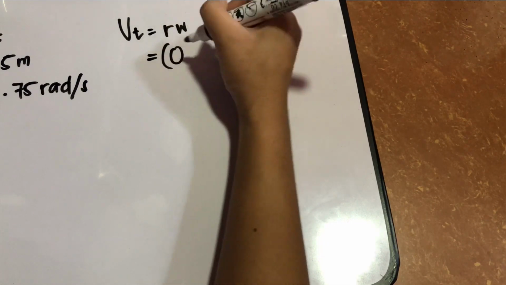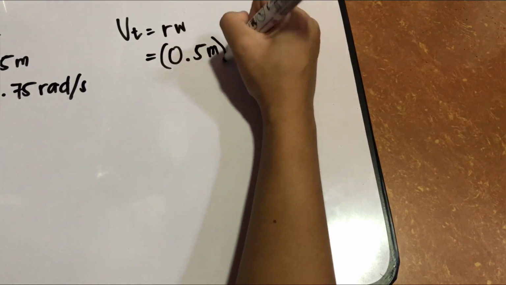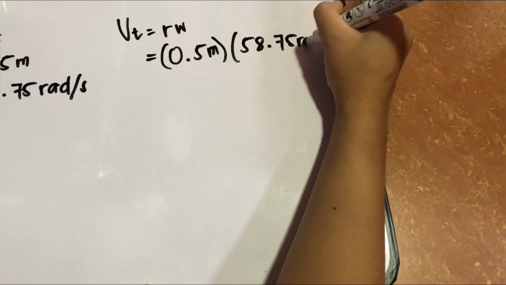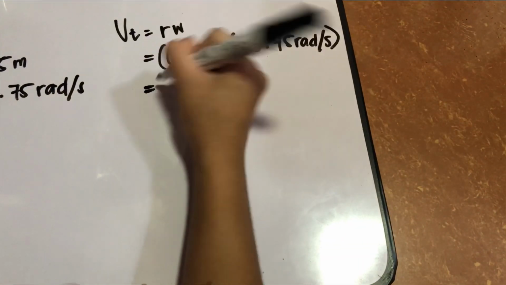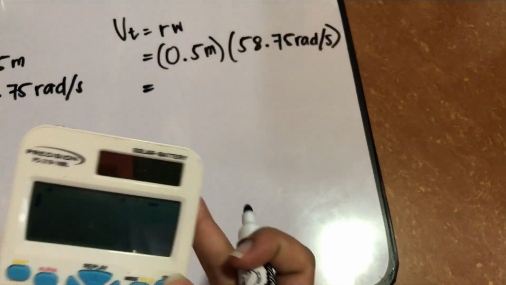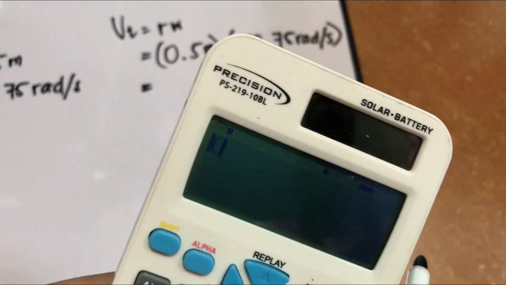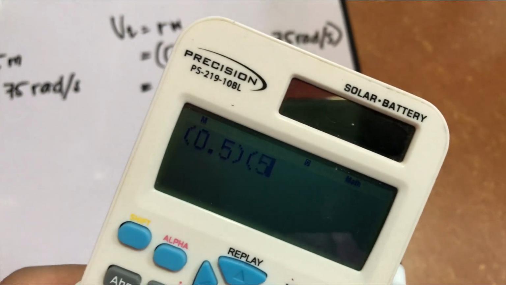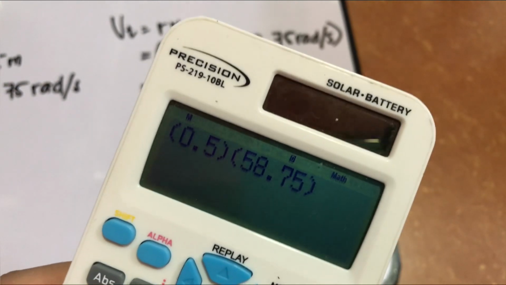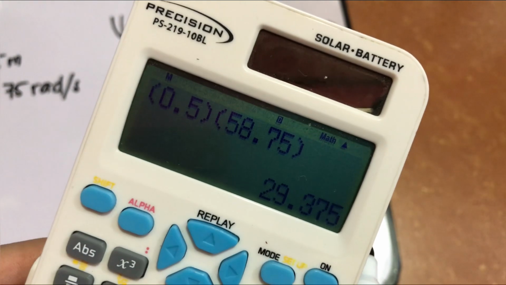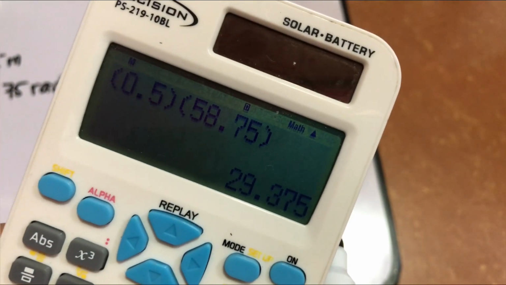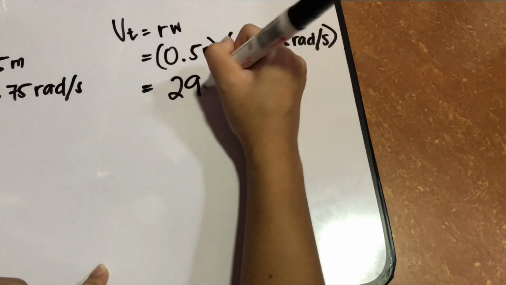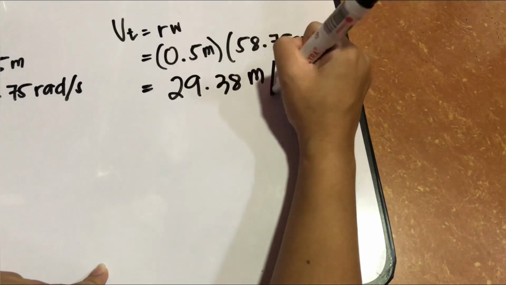So, 0.5 meter times 58.75 radians per second. 0.5 times 58.75 is equals to 29, and rounding it off, 29.38 meter per second.